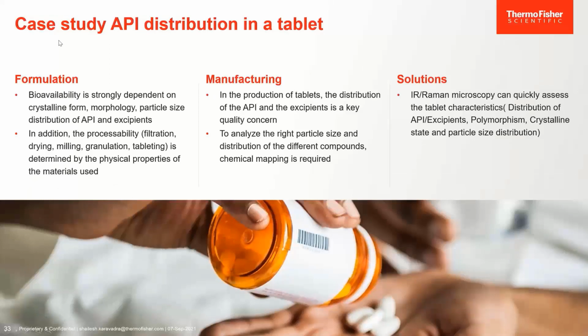Next, we have to look at the case study of API distribution in a tablet. Many issues from the field of pharmaceutical and medical technology research and development require the use of surface analytical techniques.